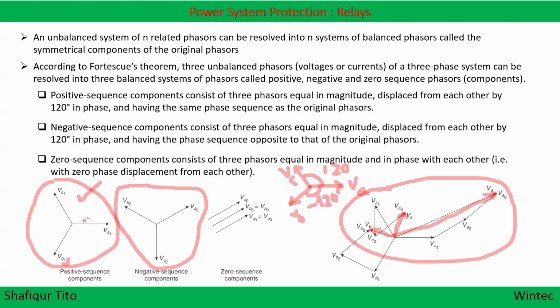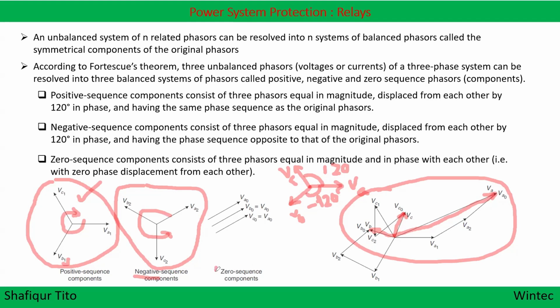This one I can consider is rotating in the clockwise direction, and this one I can consider is rotating in the anti-clockwise direction. So the phases can be found in the anti-clockwise direction. That's why it is called the negative sequence component. And then the third one is the zero sequence component.